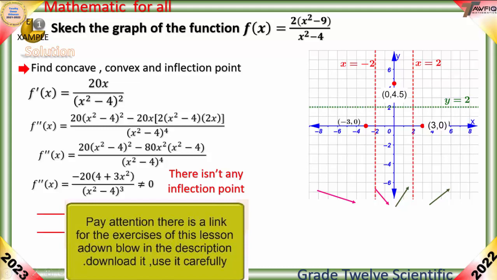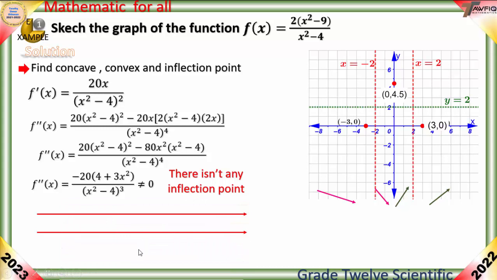To find the intervals of concave and convex, take the values of x from minus infinity to minus 2 and 2 to positive infinity; f of x is undefined at minus 2, and at 2 is undefined. And f double prime here is negative, because if we take any number smaller than minus 2 and replace it in the second derivative, you can see it becomes negative.